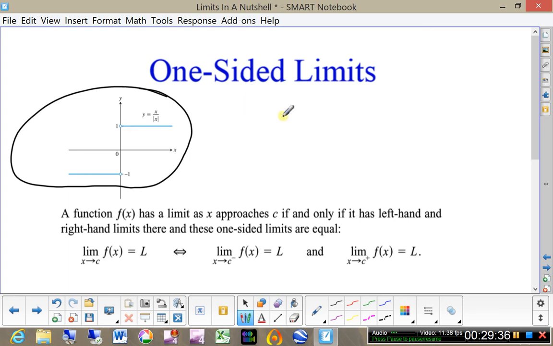If we define the limit of f of x as x approaches 0, and we say we approach it from the right by putting 0 plus, looking at the graph, we get that it's equal to 1.